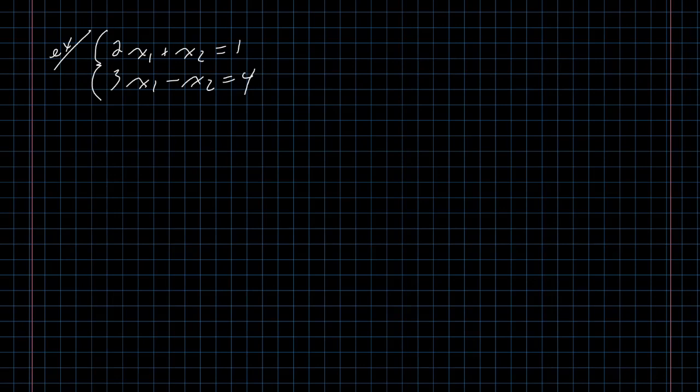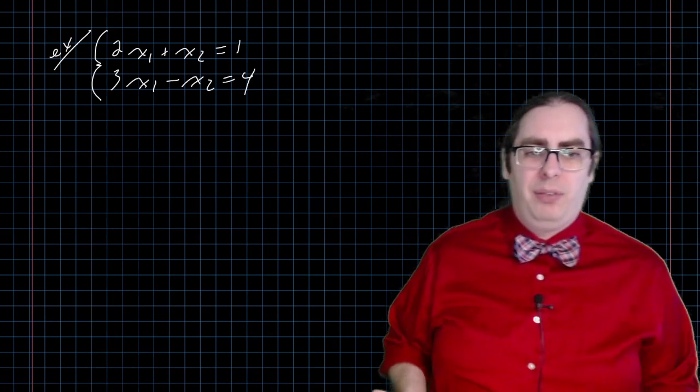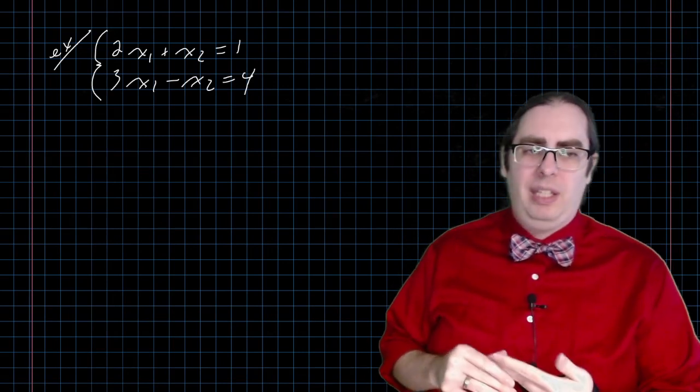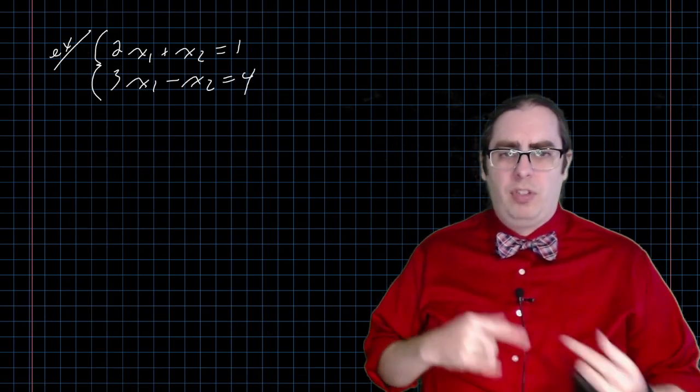There's nothing wrong with that, except that I want you to get used to using these subscripts, x1, x2, x3, because that extends out. If we had a system in four equations, then we extend out, right? X, Y, Z, I guess we'll use W. But does W come first or does W come last?